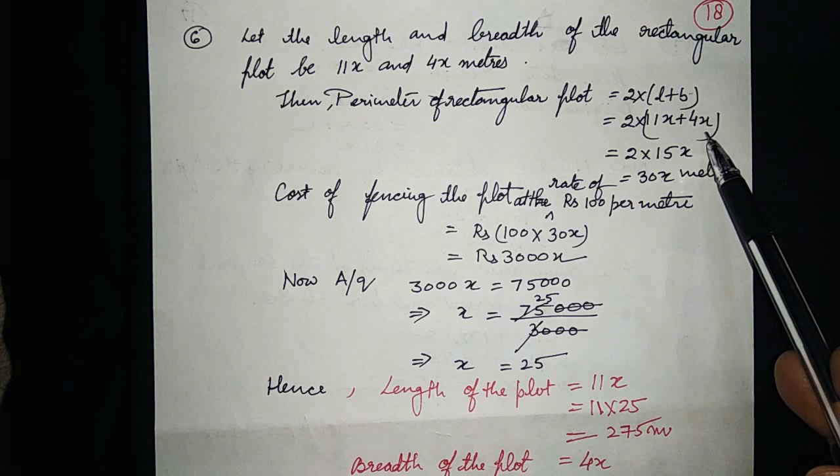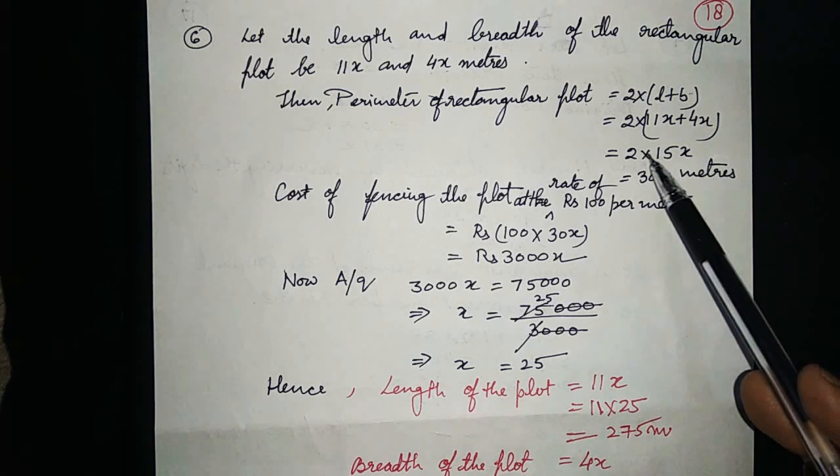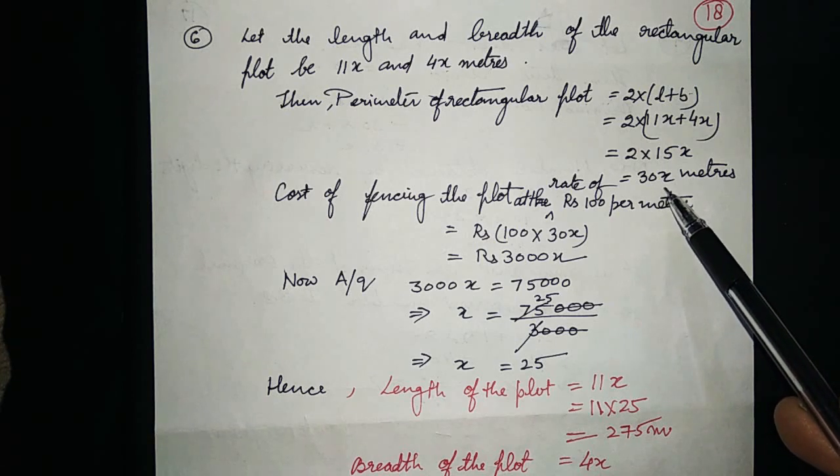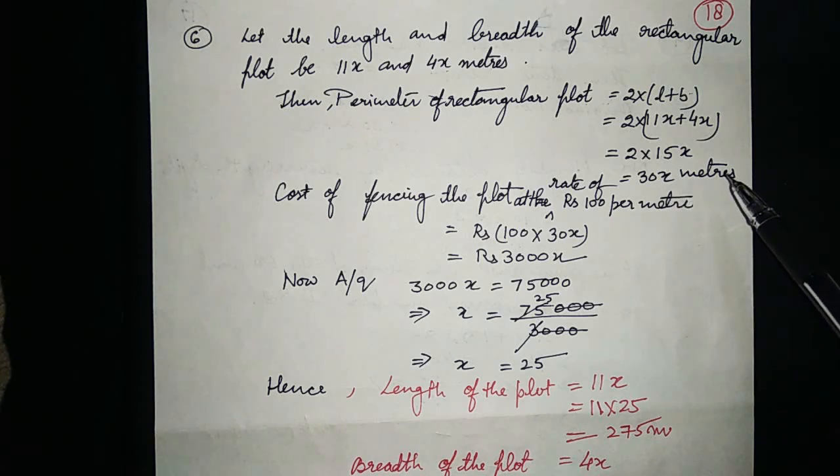Here 11x plus 4x is 15x. 2 into 15x is equal to 30x meters. Now see question 6 again, the third sentence: at the rate of ₹100 per meter, it will cost the village panchayat ₹75,000 to fence the plot.